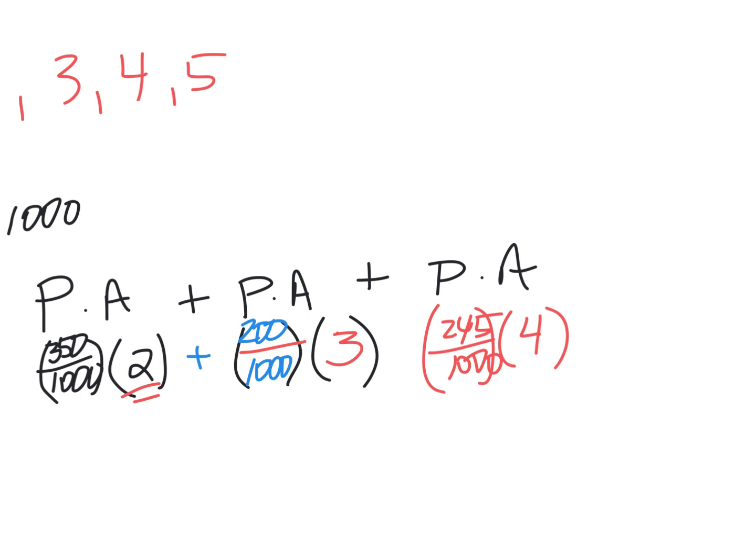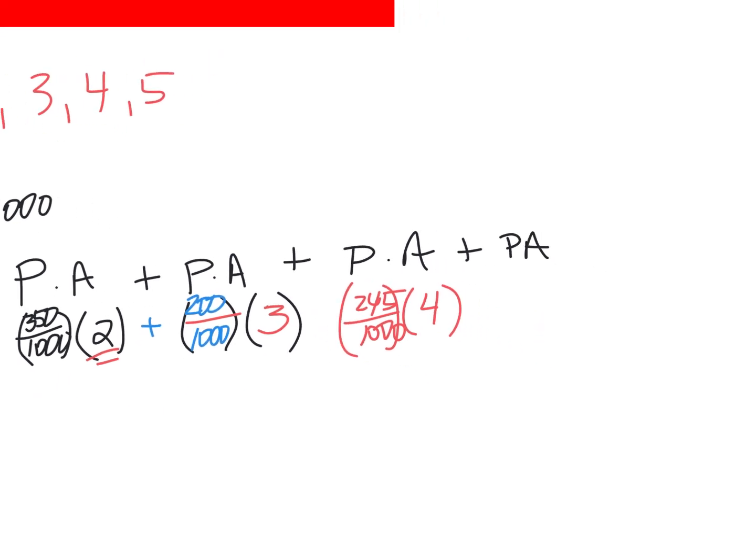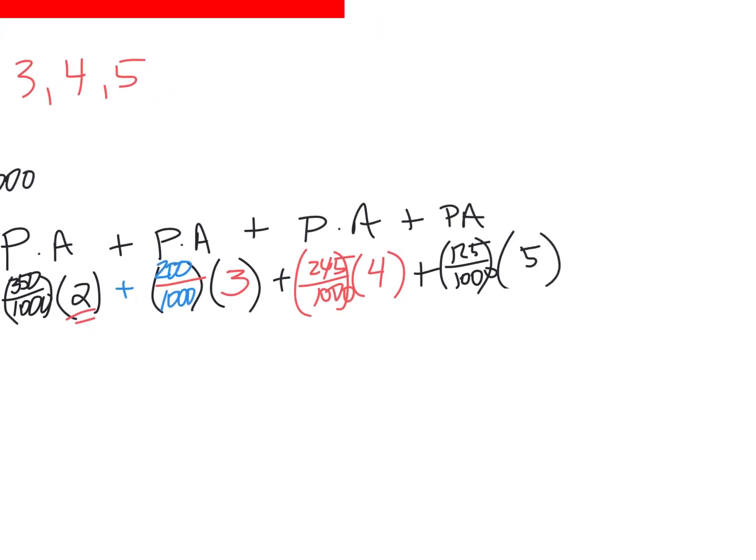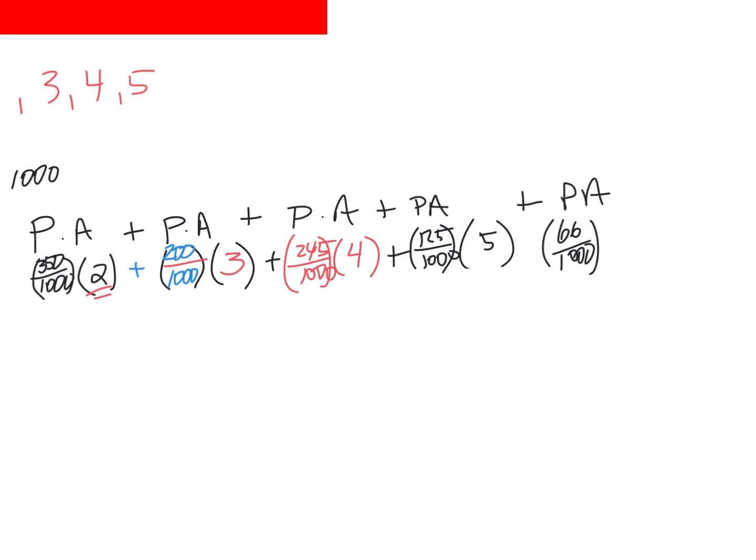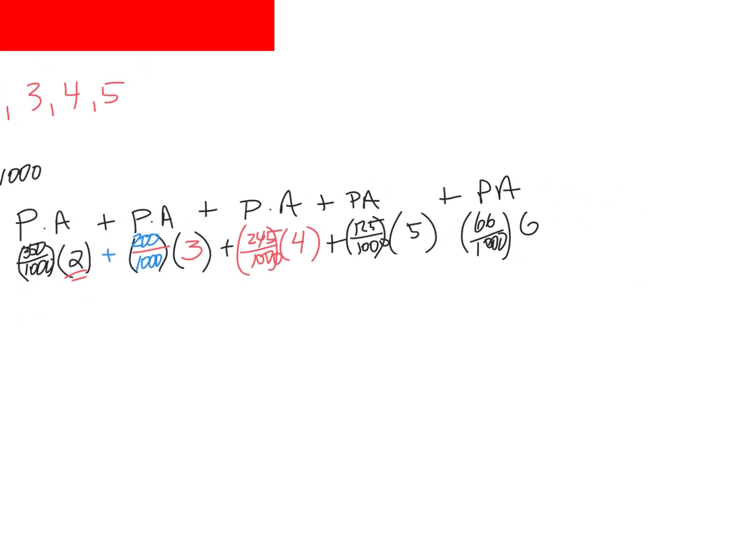Was there a 5 kid option? Yeah. What's that one? 125 out of 1,000. Is there a 6-kid option? Yeah. Keep going then. 66 out of 1,000. And was there a 7-kid option?